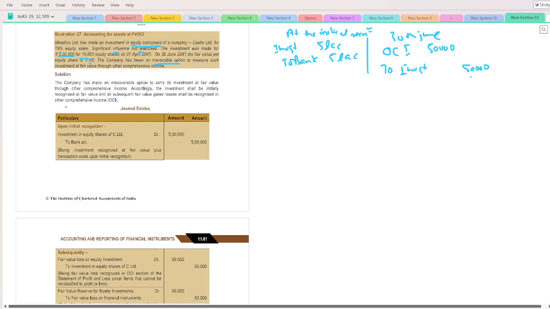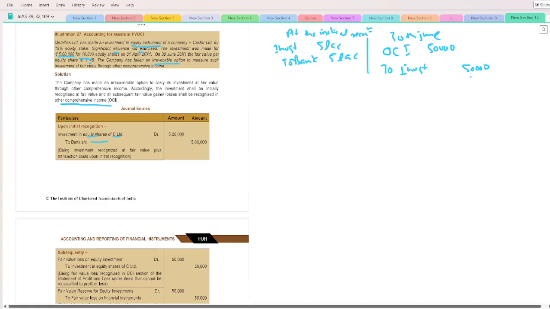Okay, let's see the example. The solution: the company has made an irrevocable option to carry its investment at fair value through OCI. Accordingly, the investment shall be initially recognized at fair value, and all the subsequent fair value gains and losses shall be recognized in the OCI. So investment in equity share of C Limited 5 lakh debited to bank 5 lakhs. So this is the same.